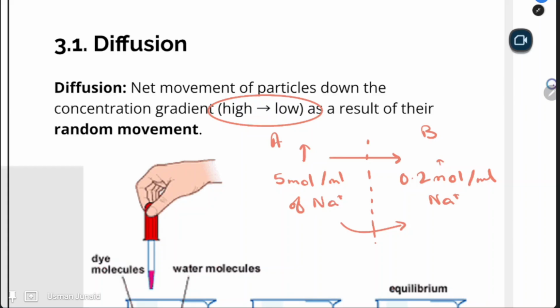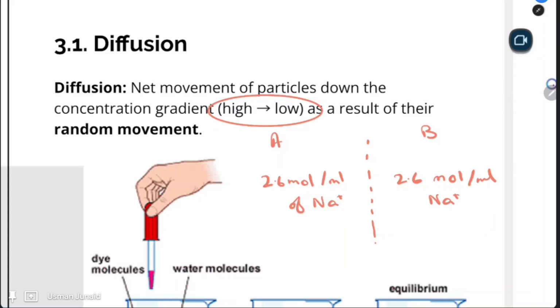The particles of sodium would move from A to B, and that would happen until both of these concentrations are equal. For example, if you take the average of these two, it would come out to be 2.6, right? So both places would become 2.6 moles concentration, whereby the movement would stop.